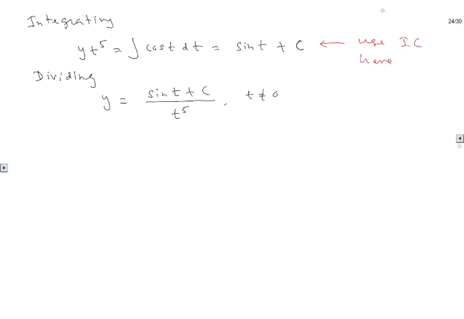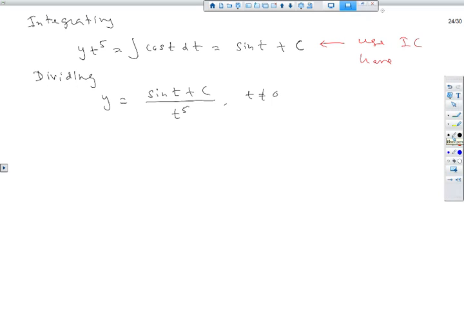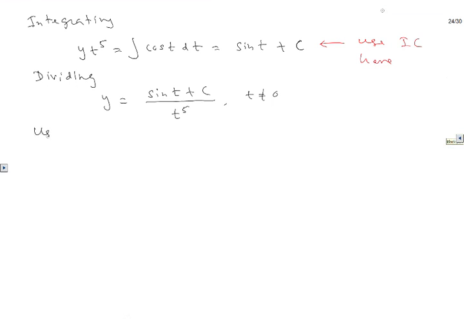So we can use the initial condition now. Using the initial condition, we have 0 equals y of pi over 2. Let's plug in pi over 2 whenever you see t. So it is sine pi over 2 plus c over pi over 2 to the 5th power.